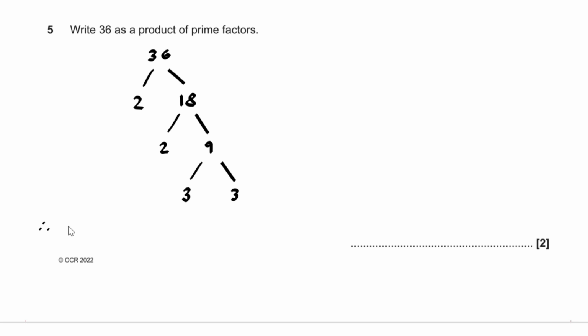So what we can conclude here then is 36 is equal to 2 times 2 times 3 times 3.